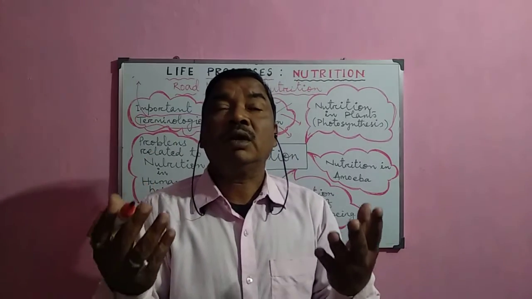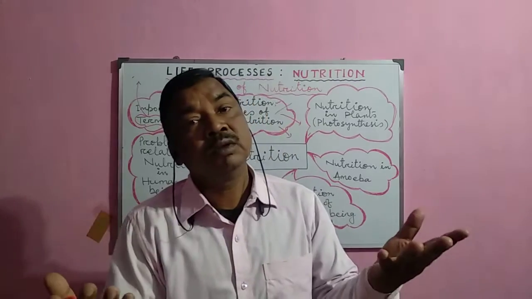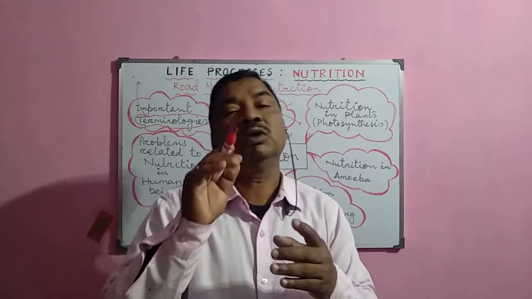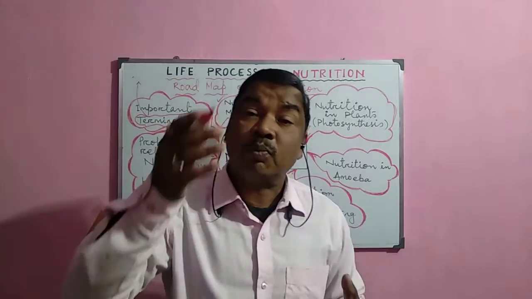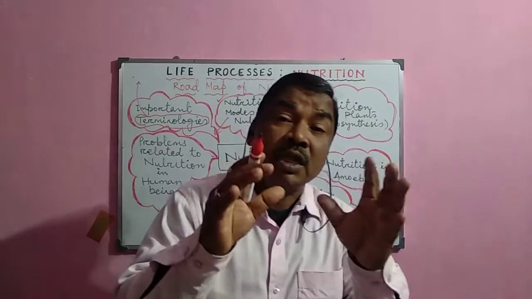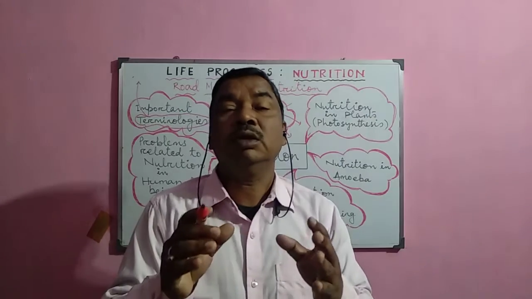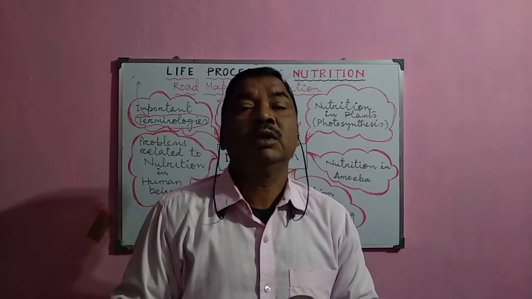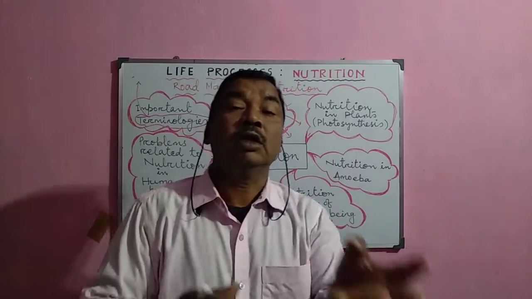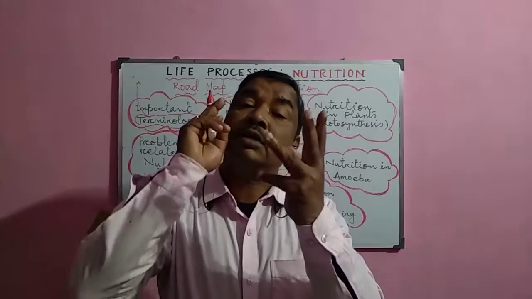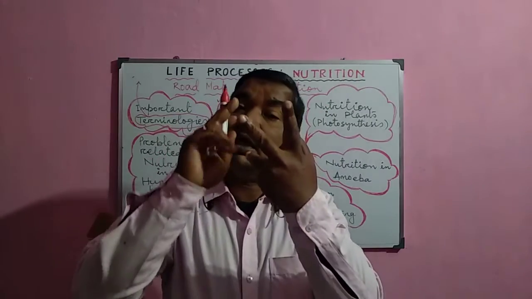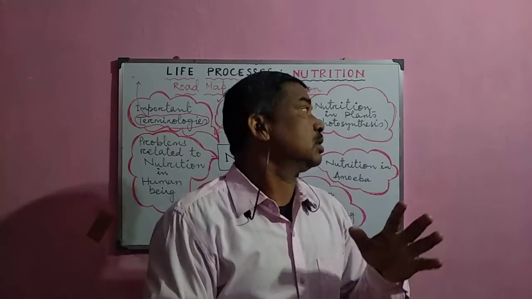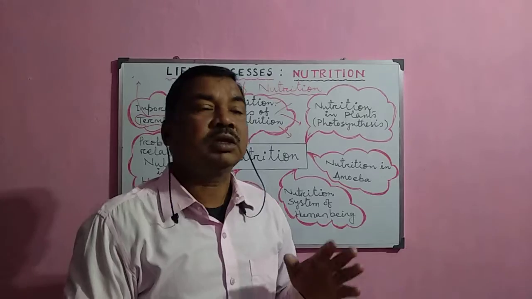Then what can we do with it? Because it becomes waste. So the undigested food materials have to be removed from the body of the organism. That is why the process of removal of the undigested food material from the body of the organism is called egestion. So these are the 5 important steps of holozoic nutrition: ingestion, then digestion, after digestion absorption, then assimilation, and finally egestion. We must discuss in detail all these steps.